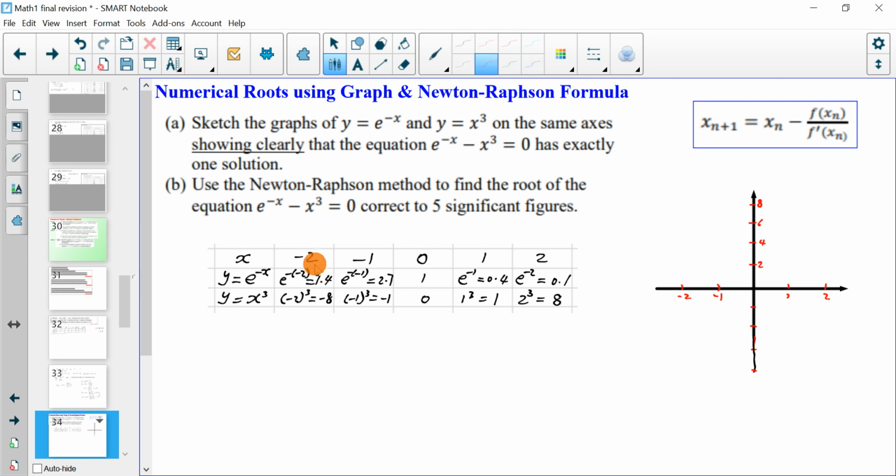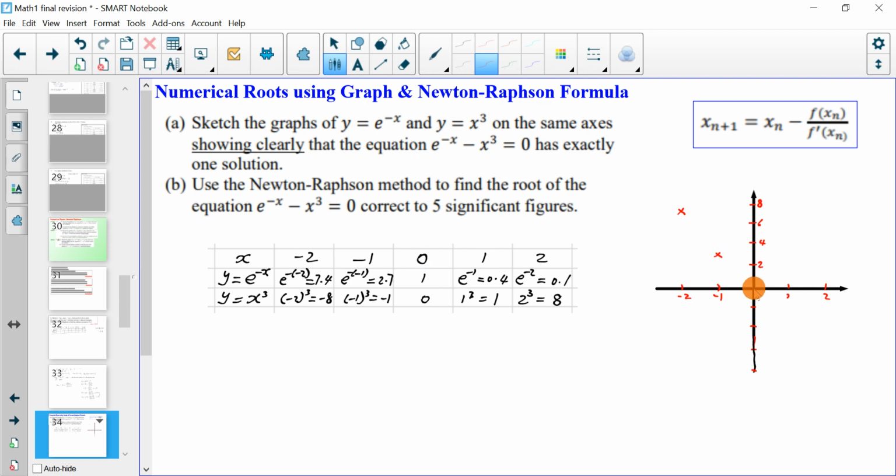Okay, so minus 2, 7.4: it was minus 2, and go up 7.4. It's about halfway between 6 and 8. It's about there. And the next one's minus 1, 2.7. So minus 1 on x and 2.7 on the y, so it's nearly a 3, so it's about there.